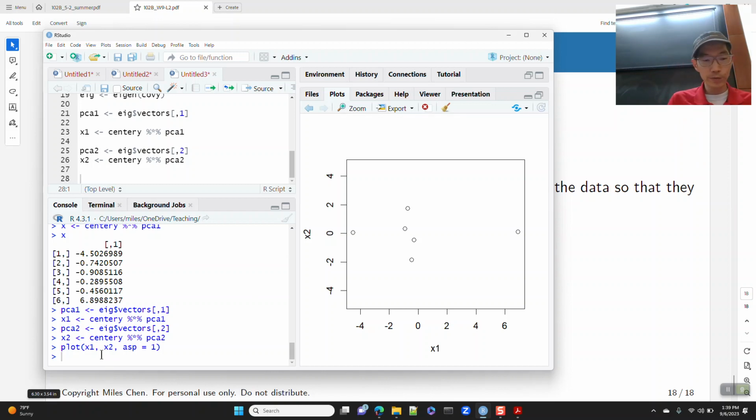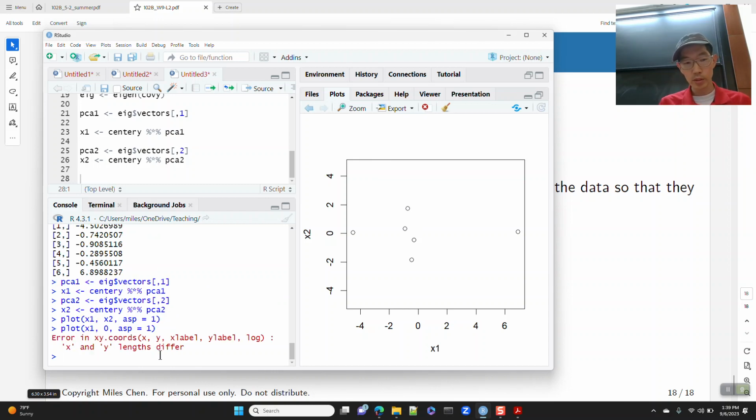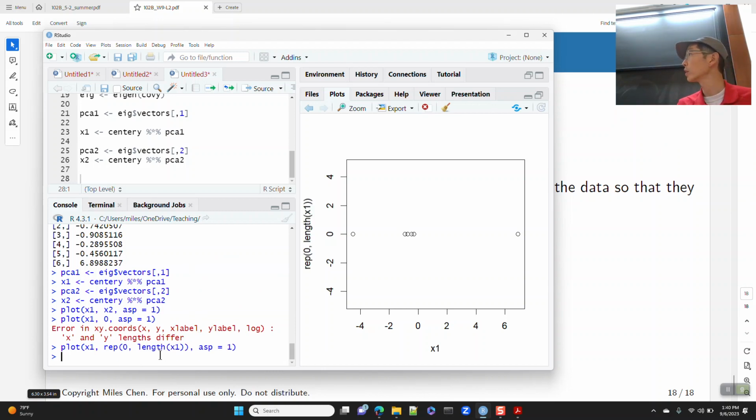Now, if I decide to throw away one of the variables, and I just say we're going to plot x1 and 0, basically we're going to lose all of the second dimension information here. So I'm going to just plot x1 with a bunch of zeros. Okay, so this is if I threw away x2, the data gets reduced to this.